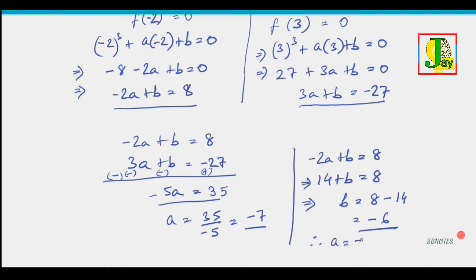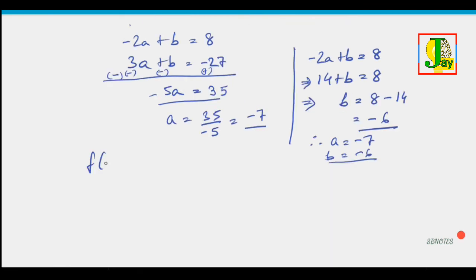Therefore, a equals minus 7 and b equals minus 6. So f(x) equals x cubed plus ax, that is minus 7x, plus b, minus 6: x cubed minus 7x minus 6.